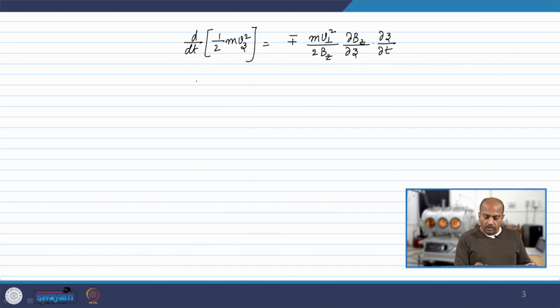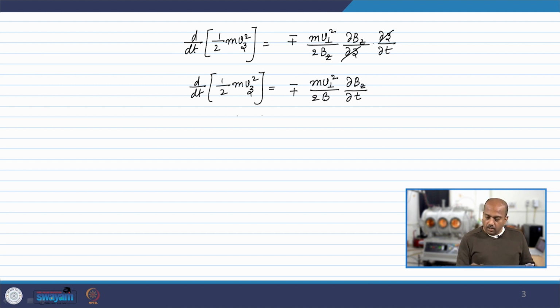So now I can write, dz gets cancelled, so d by dt of half m Vz square is equal to minus plus m v perpendicular square by 2B into dou Bz by dou t.